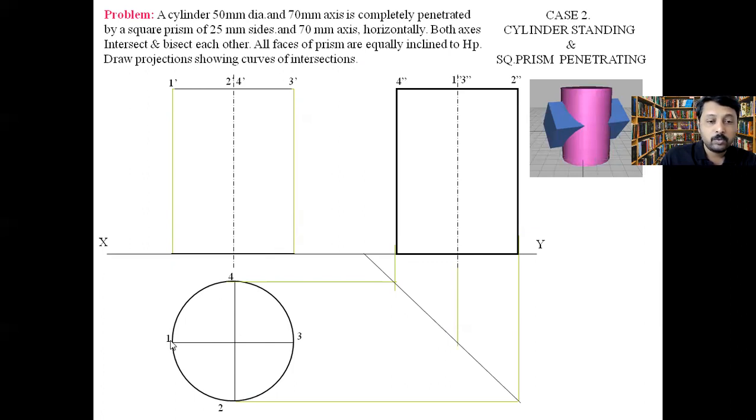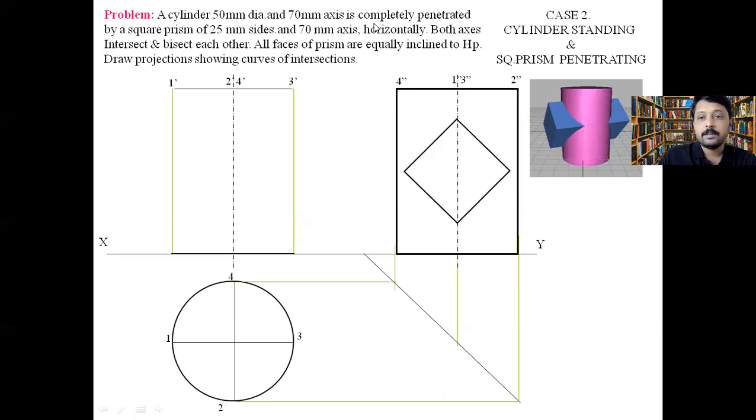If you are going to name, say, 1 2 3 4 in one view, then in the next view that you are drawing, you should write 1 dash, 2 dash, 4 dash, 3 dash, like that. And in the next view, we have to mention it as 1 double dash, 2 double dash, 3 double dash, 4 double dash. So you will get to know exactly which point is coming at what place.